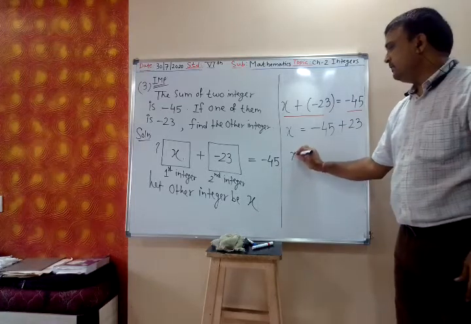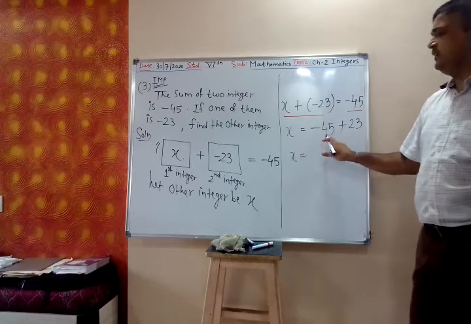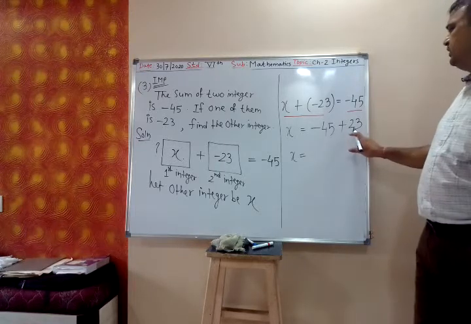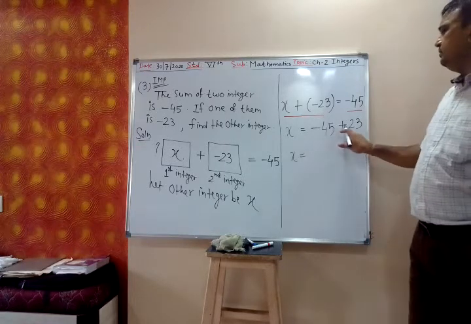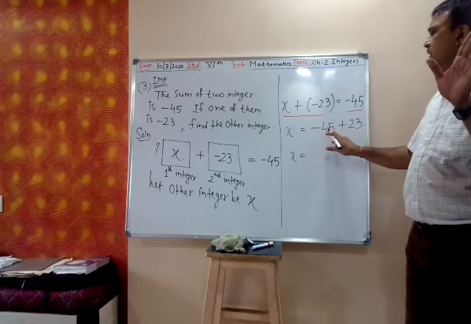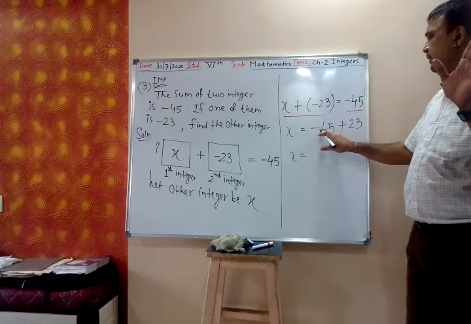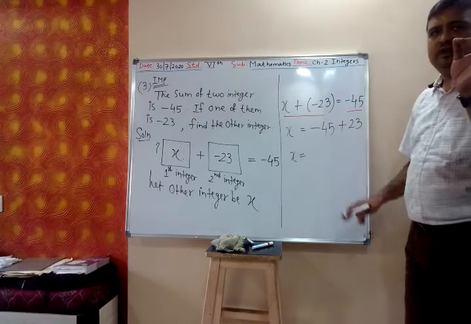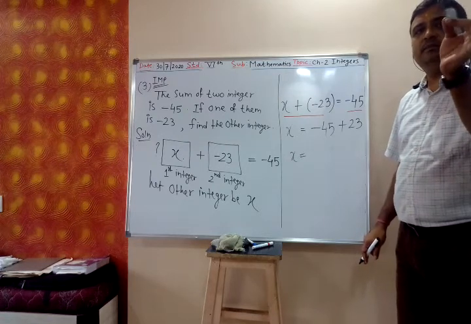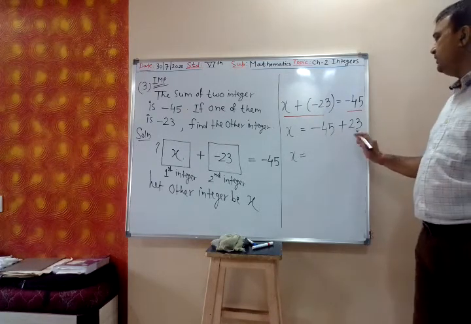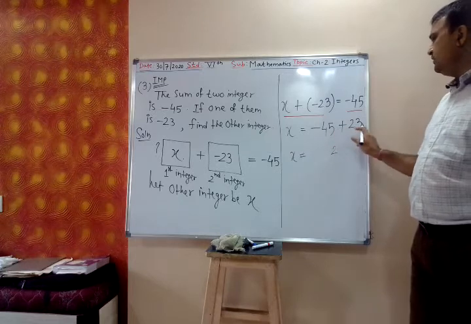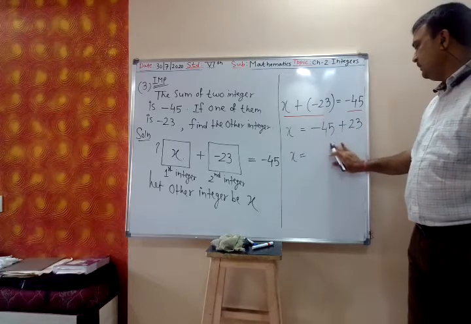Now we see the numbers. What is the sign of 45? Minus. What is the sign of 23? Plus. Minus and plus, they have opposite signs, so I have to subtract: bigger number minus smaller number. 45 minus 23: 5 minus 3 is 2, 4 minus 2 is 2.